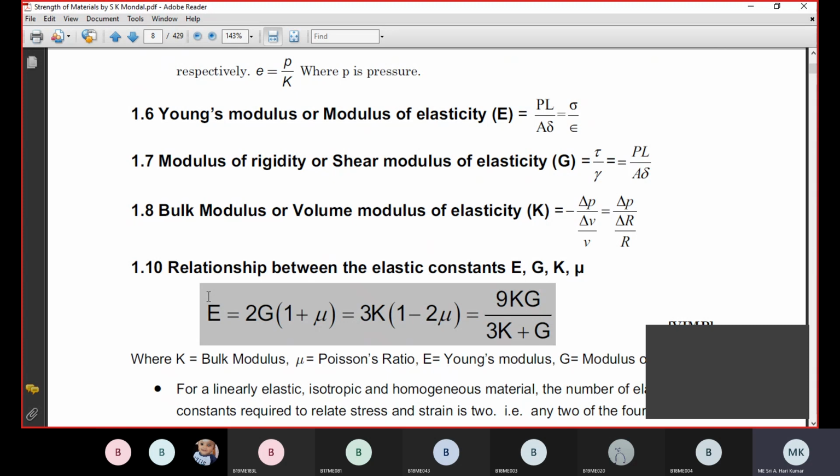Now E is equal to 2G into 1 plus nu, or 3K into 1 minus 2 nu, or 9KG by 3K plus G. Almost all three formulae you will come across somewhere or other. So try to remember these formulae.